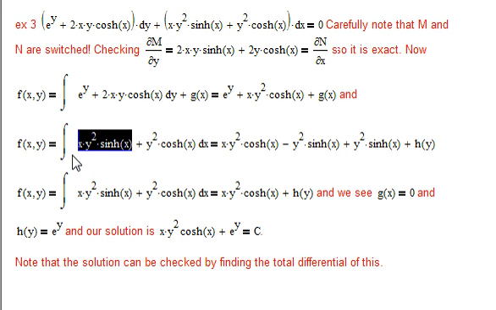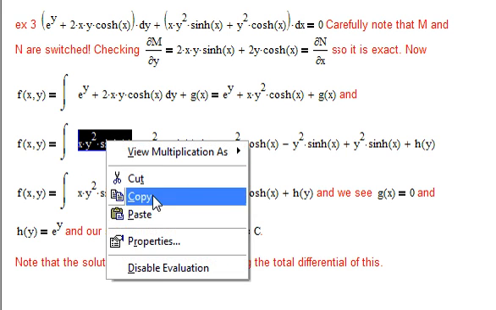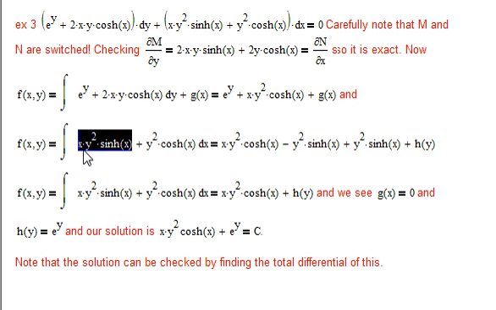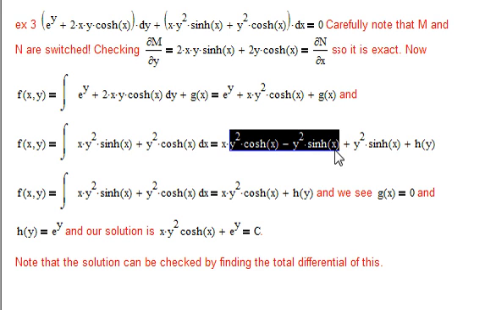Or I guess I could use integration by cheating, but if you let u equal x, dv equals sinh of x, you should get that to work out to be this right here. What I have highlighted at this moment. So xy squared cosh of x minus y squared sinh of x, those two cancel out. But I just wanted to show you that indeed that is what you get.